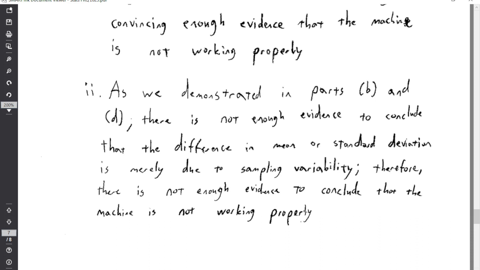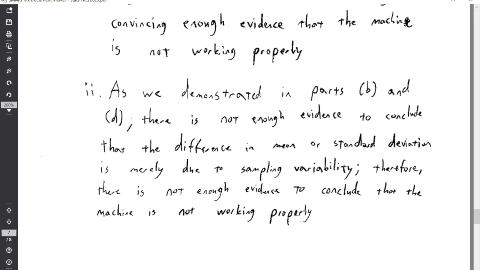And we're saying, well, the mean was not some extremely unusual value, and the range was not an extremely unusual value. So there isn't enough evidence for us to go to the conclusion that the machine is not working properly, and we may just say that it's due to sampling variability. So that's the compiling of the idea of that question.